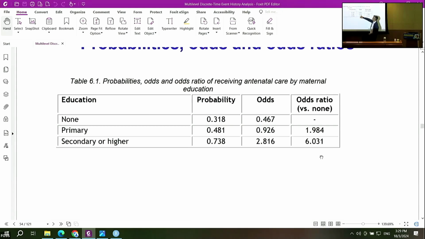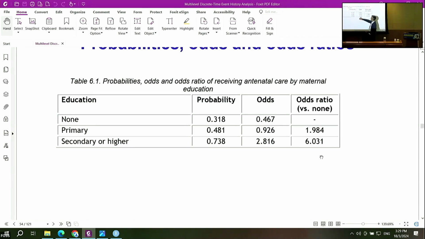So the ratio of the odds of primary to no education is 1.984. So the interpretation is that the odds of a primary educated mother having antenatal medical care is almost double the odds of a mother with no education.